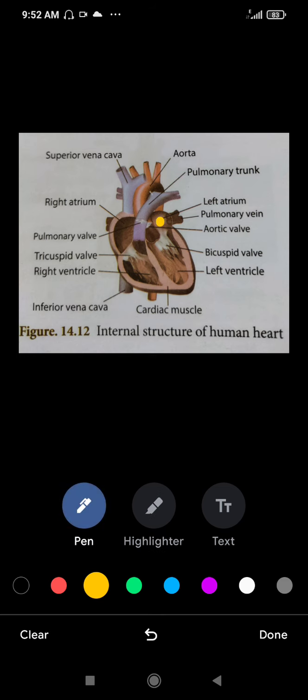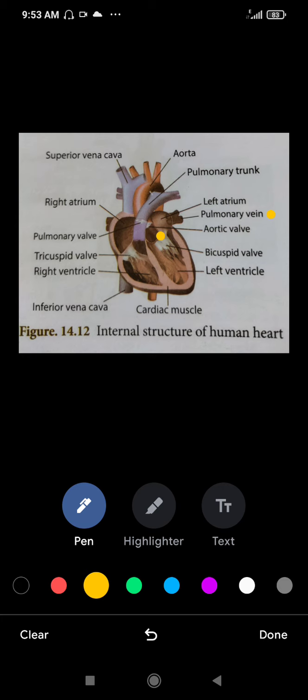Then the next is the left atrium. The pulmonary veins bring oxygenated blood from the lungs to the left atrium.